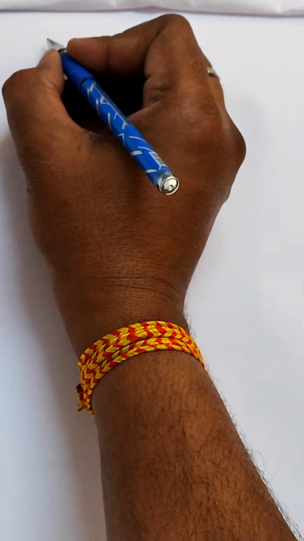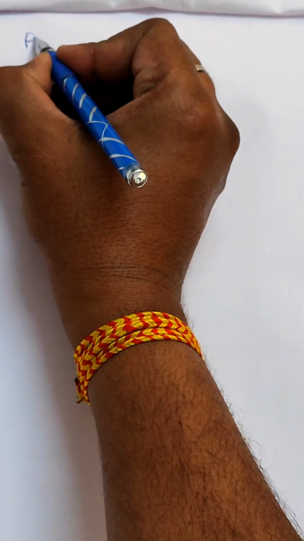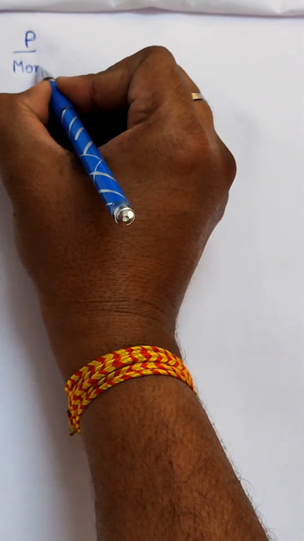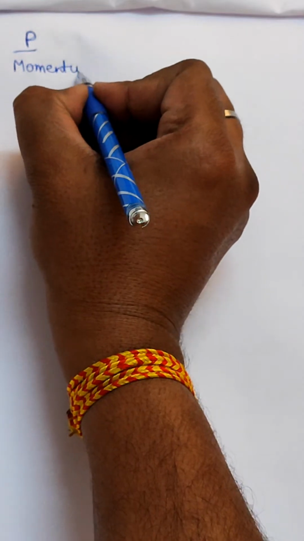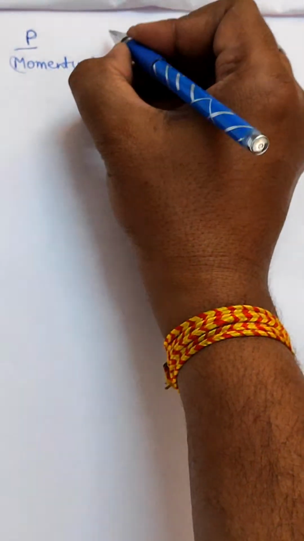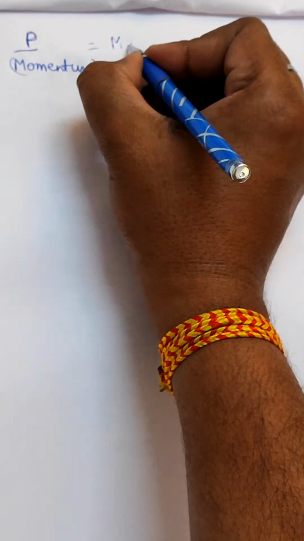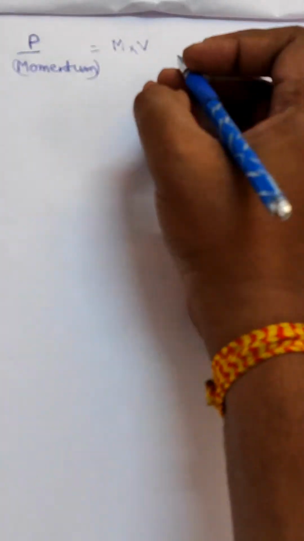The momentum of a body, you know what is the momentum of a body? Momentum of a body is denoted by P, right? If P is the momentum, then momentum is the product of M and V, right?